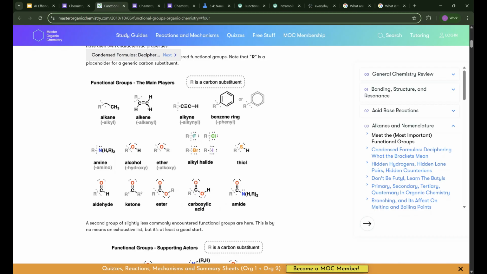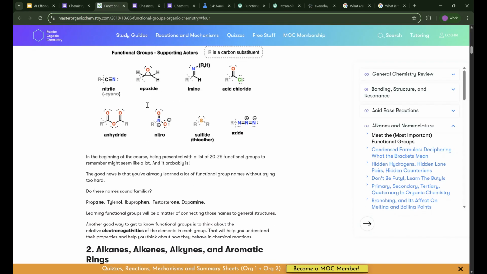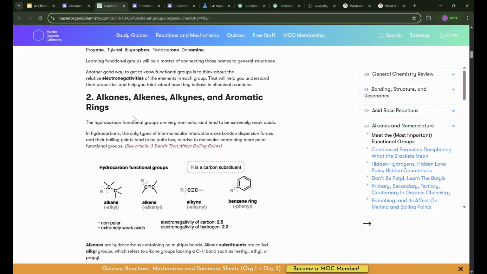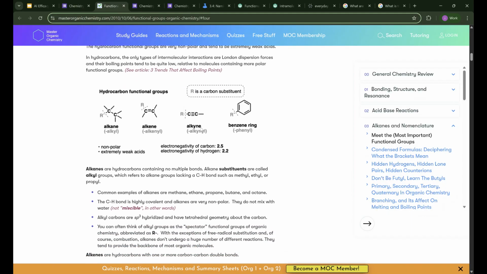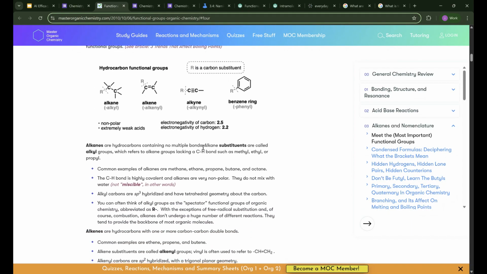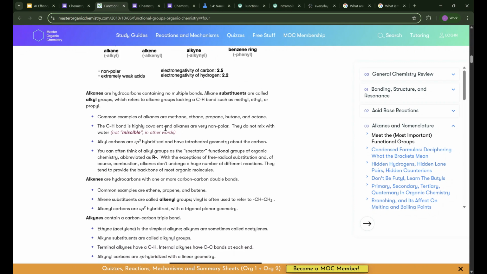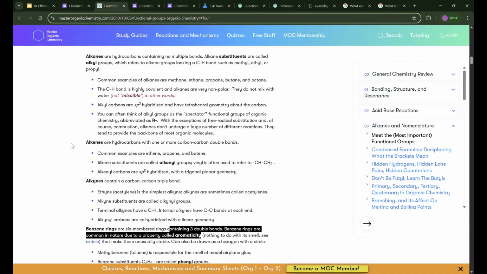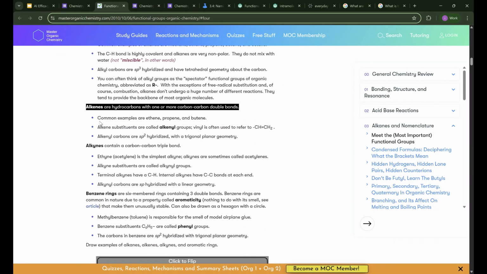So now, alkene has a double bond. Okay, alkenes are hydrocarbons with one or more double bonds. Common examples.